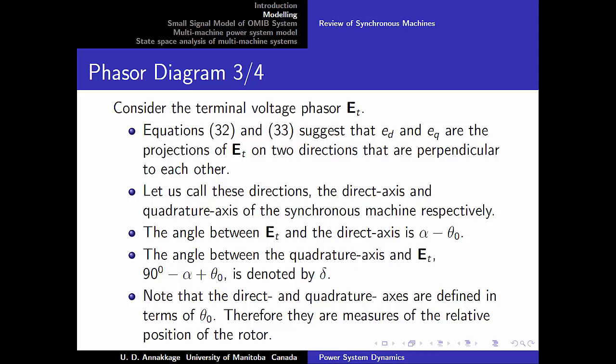The angle between ET and the direct axis is alpha minus theta naught. The angle between the quadrature axis and ET, 90 minus alpha plus theta naught, is denoted by angle delta. Also note that the direct and quadrature axes are defined in terms of theta naught. Therefore, they are measures of the relative position of the rotor.